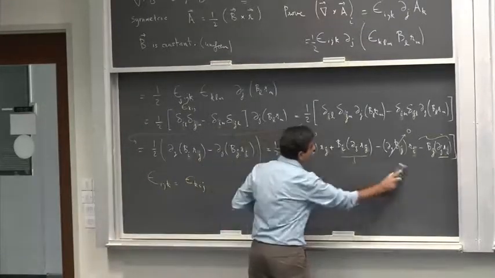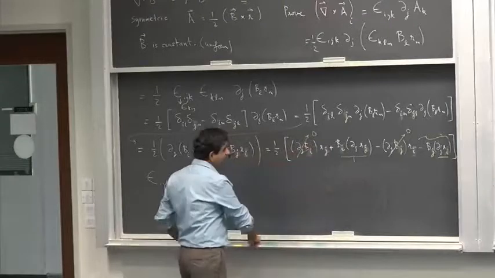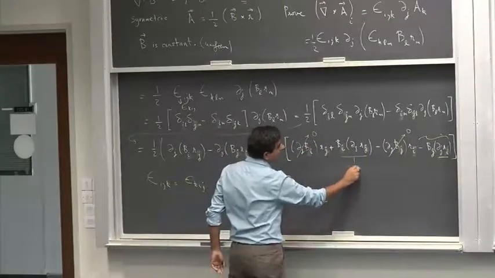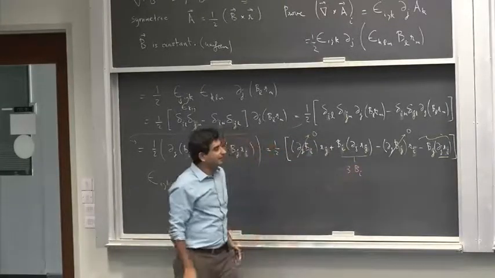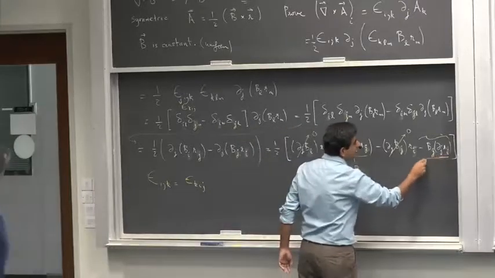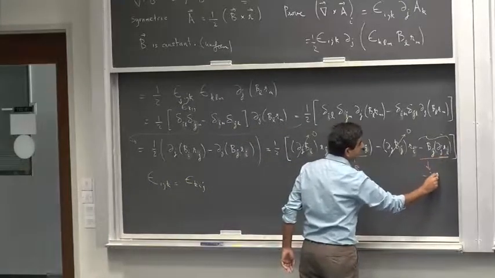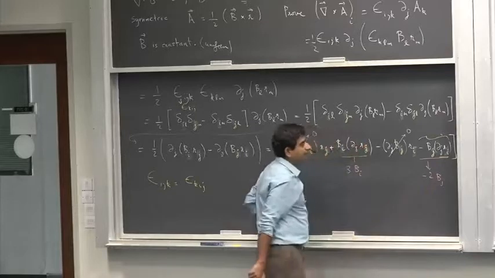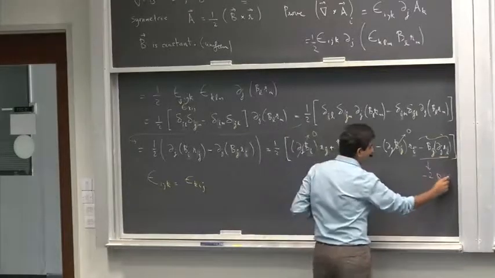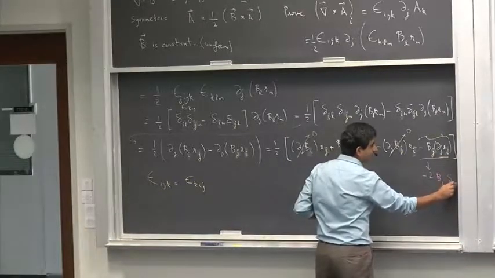Now let's look at these terms over here. This thing is 3 times b_i, okay? And this thing is minus b_j delta ij.